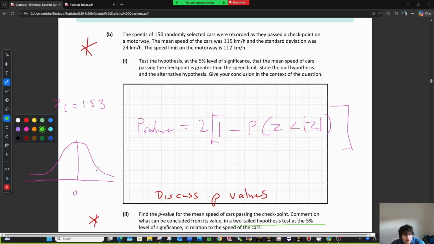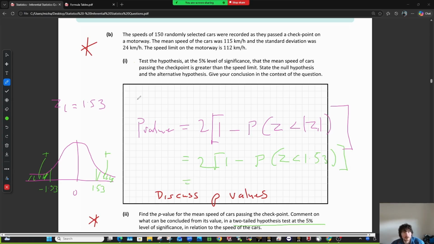We get our test score, which was 1.53, but because we're talking about a two-tailed test now, it also has a -1.53. So there are two regions here. And the p-value associated with this is literally just the area of these two added together. That's why we're doubling a certain area here. And the modulus is there so that if you're dealing with the negative value you just work with the positive one. So this is 2 times 1 minus the probability that z is less than 1.53.